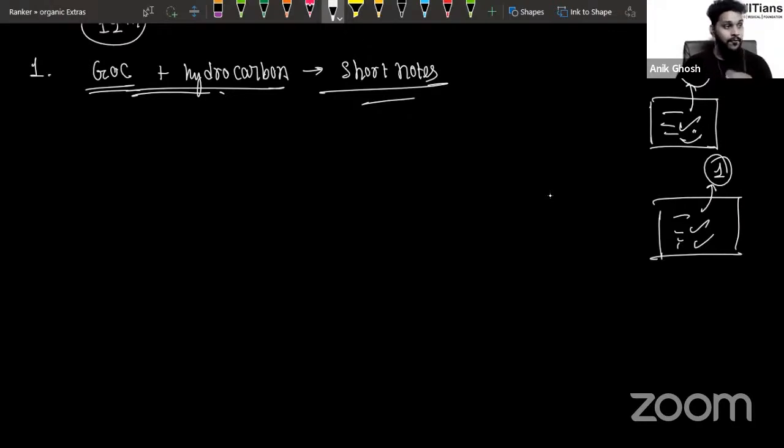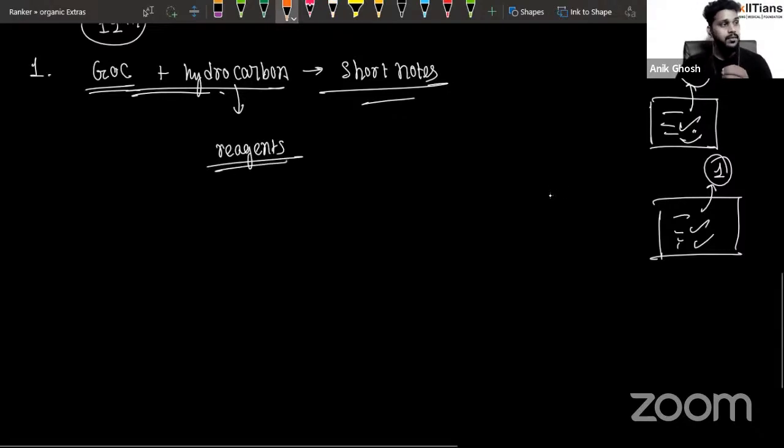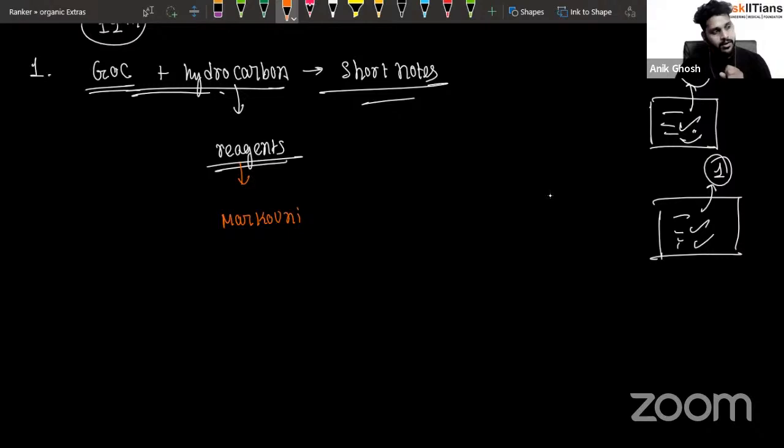Make sure that from the hydrocarbons, you understand the reagents. Now, which reagents are most important? Mostly the most important portion of the reagent part is definitely the Markovnikov rule and its reagents. And after that, you need to go through the ozonolysis reactions.